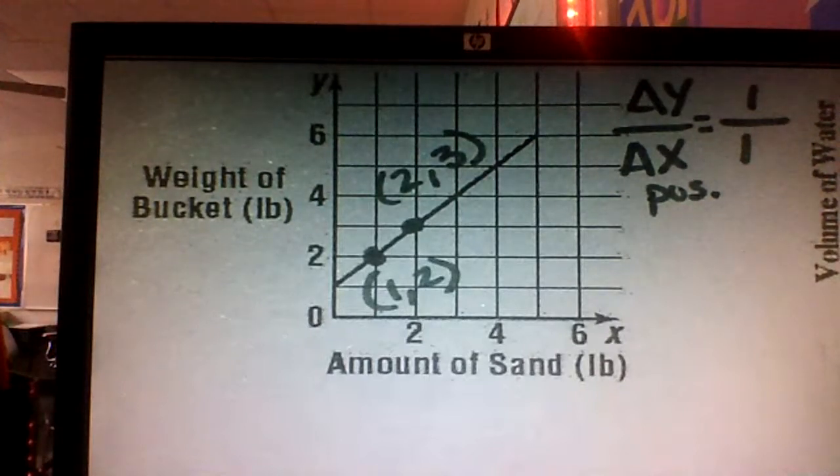What does this mean? Take a look at what we're looking at. For every what? For every pound of sand, the weight of the bucket increases by 1 pound.